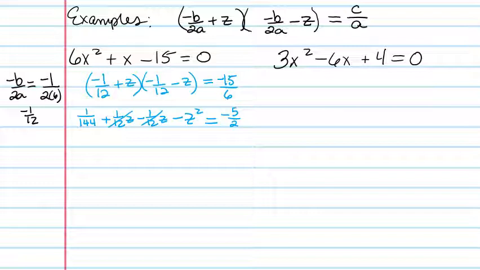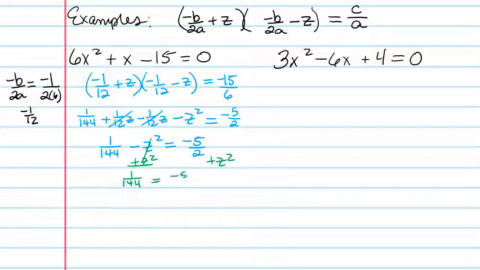So that gives me 1 over 144 minus z squared equal negative 5 over 2. Okay. So now I'm going to isolate the z squared. I'm going to add z squared to both sides. And now I'm going to add 5 over 2 to both sides.